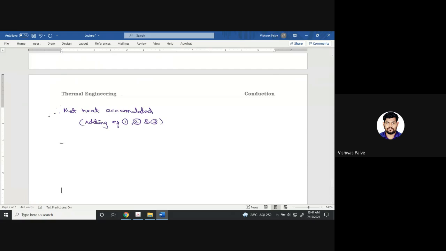So the equation will be now dou by dou x. I will directly write down the equation, just you have to rewrite that equation, same equations.